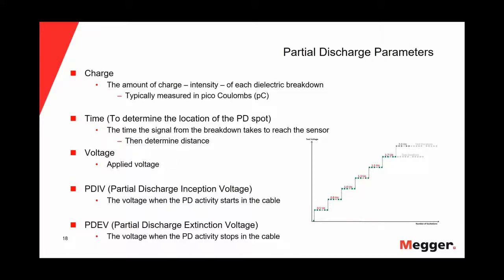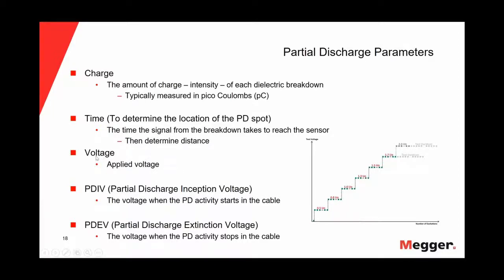We will also measure the applied voltage. We know that there is a dependency of the partial discharge with respect to voltage. For instance, if we start to see PD activity at 0.8 U0 in the partial discharge measurement, and we increase the voltage, then the level of the partial discharge will increase.